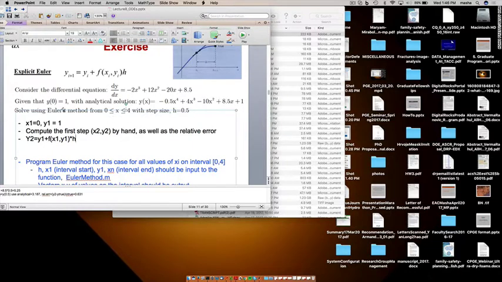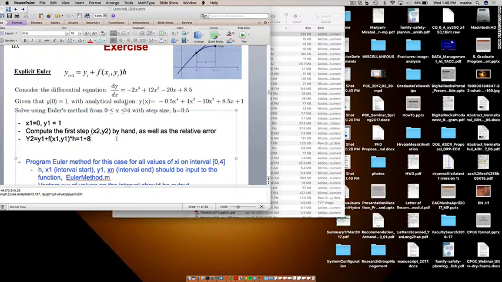Which in this particular case, y1 is 1, right? This is f of 0, 1. It's really a function of x, so it's really 8.5, because for 0 it's easy to compute.